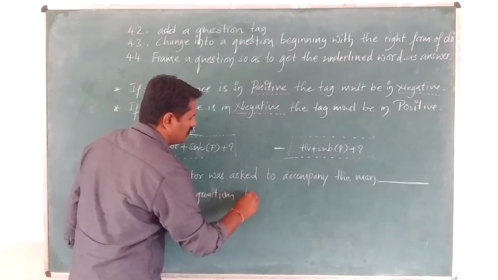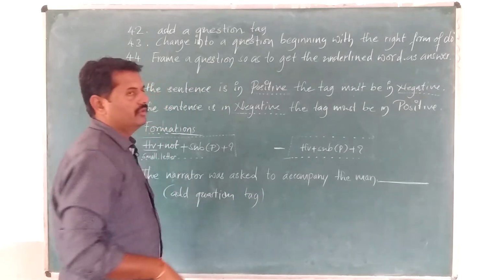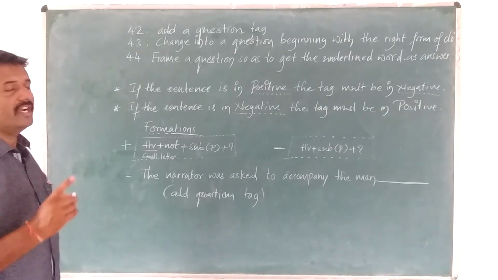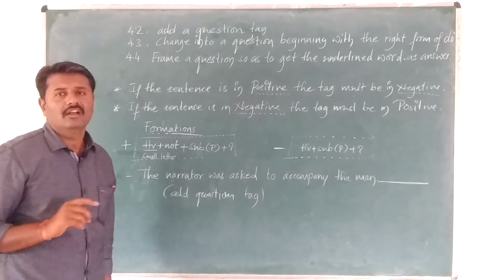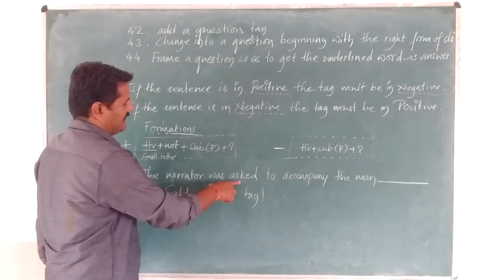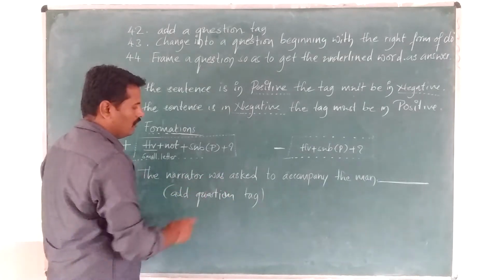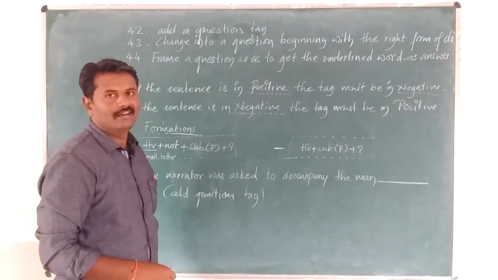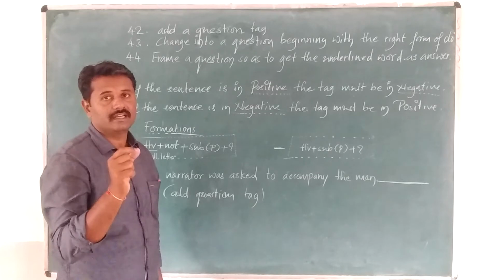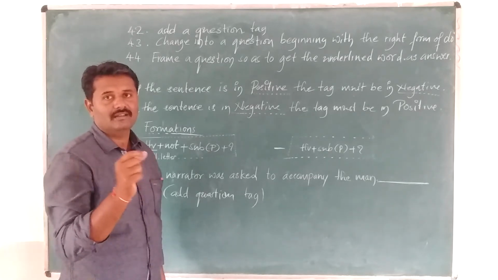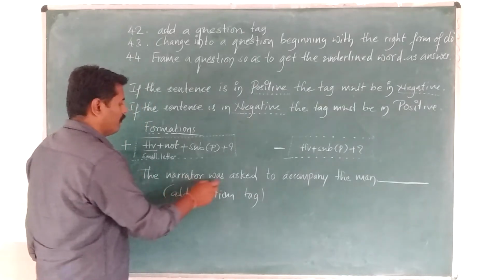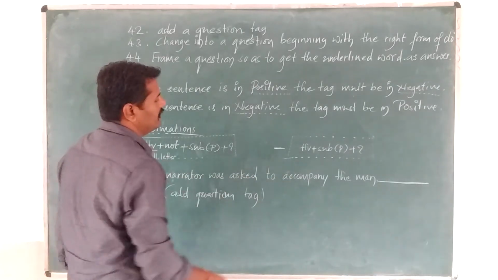Add a question tag, they give. Okay, first you should read the sentence to check whether it is in positive or negative. So the narrator was asked to accompany the man. There is no negative sense in this statement. First, we should find whether the statement is in positive sense or negative sense.